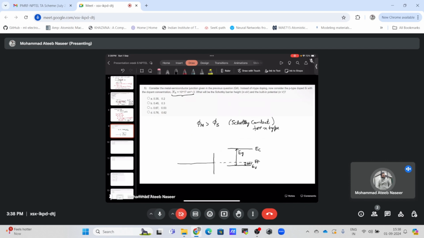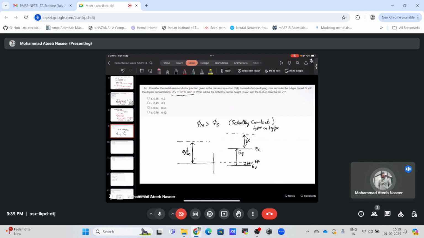Actually, I could have written Q phi fn in the previous case and Q phi fp in this case, but it's okay. So the metal work function has to be with respect to the vacuum level. If this is our vacuum level, this will be Q chi, and this will be our metal work function Q phi m.